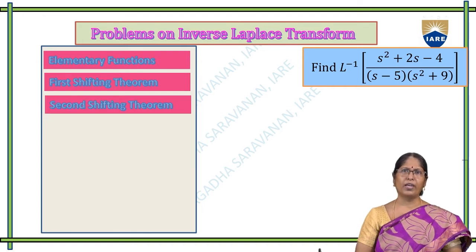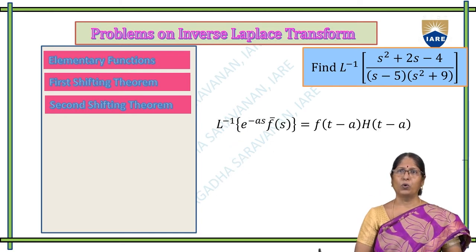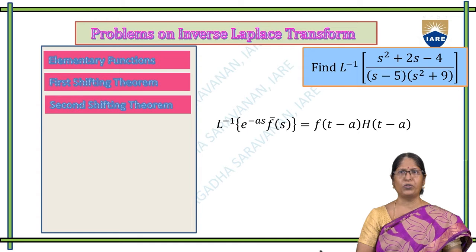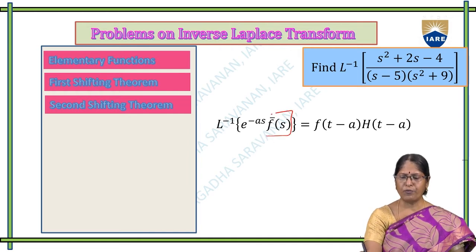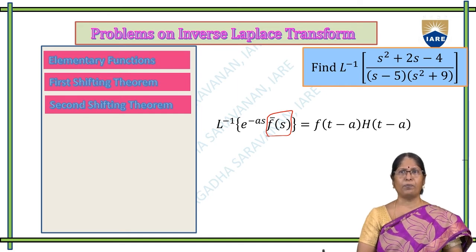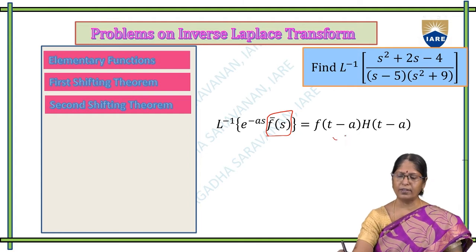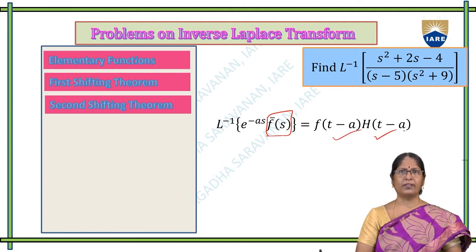Now we are checking whether the second shifting theorem is possible. We are recollecting the inverse formulas, since the entire problems are solved using only these formulas. Now if f bar of s is multiplied by e power minus as, then the final result will be f of t minus a into h of t minus a.